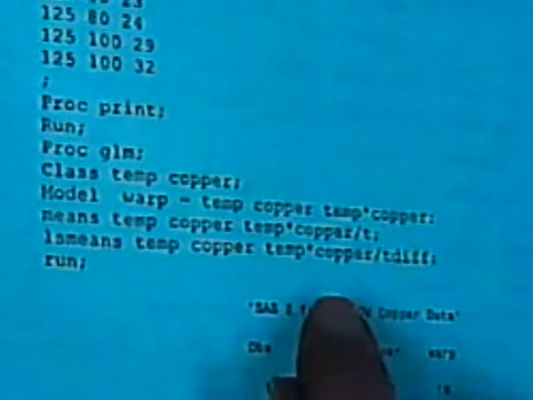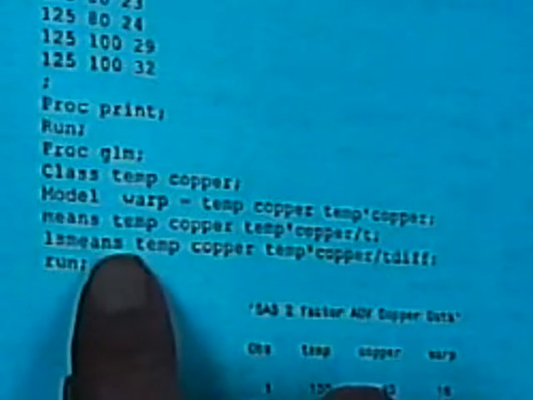Here's the combination being used. /T, least square means temperature, copper, temperature by copper /T diff. I'm not sure what I was doing here. I think I just wanted to see what would be the difference in the output for means versus least square means with these different slashes at the end. So let's see what happened here.